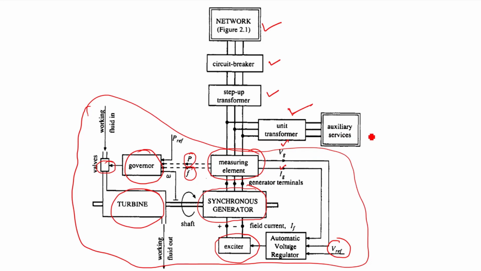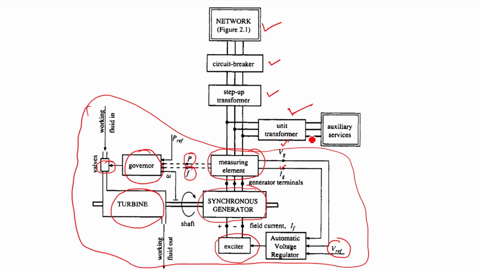Sometimes it feeds the power to the exciter, and to other auxiliary equipment, like various pumps and motors that are connected and help in the boiler and the turbine. There are many feed pumps. They need the auxiliary supply, and the auxiliary supply is connected through a unit transformer.